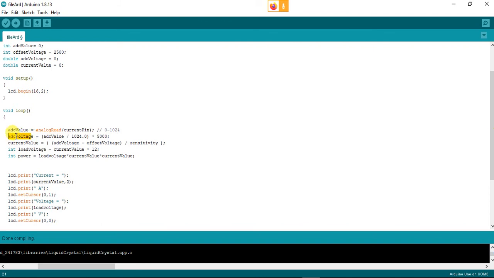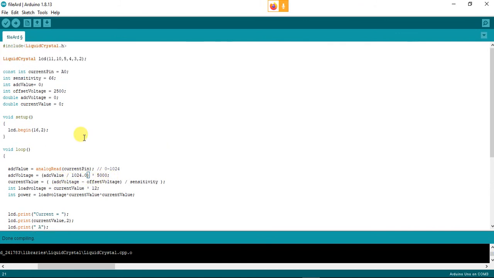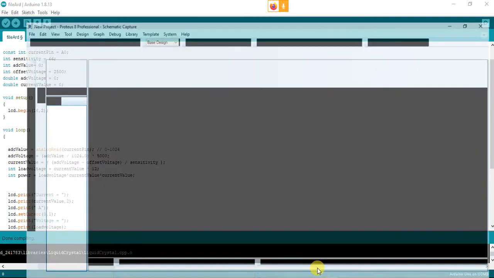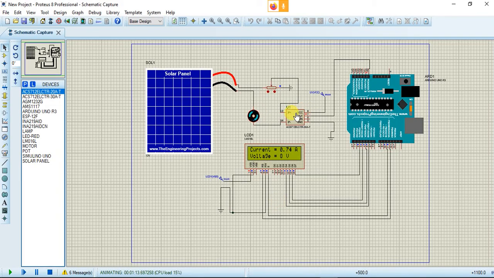So this ADC voltage is in millivolt form, and this is the voltage which is sensed by the ACS current sensor. From this ADC voltage, we will subtract the offset voltage. What is the offset voltage? Offset voltage is half of the voltage applied to our current sensor.